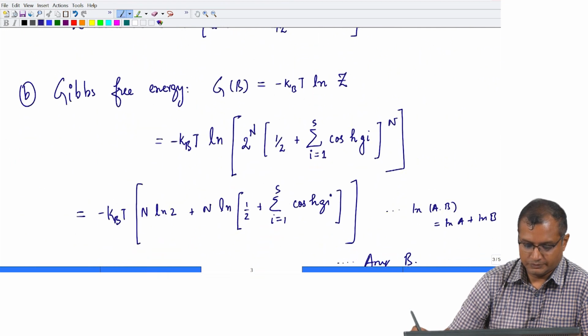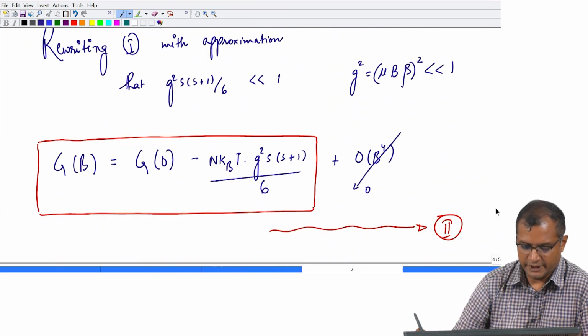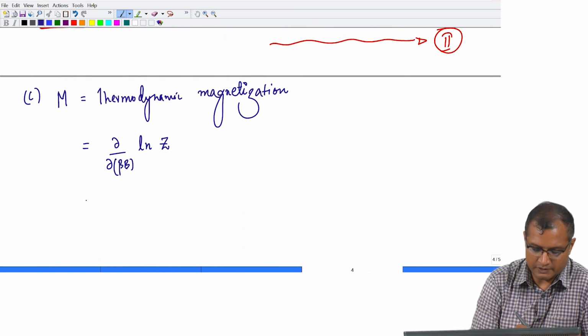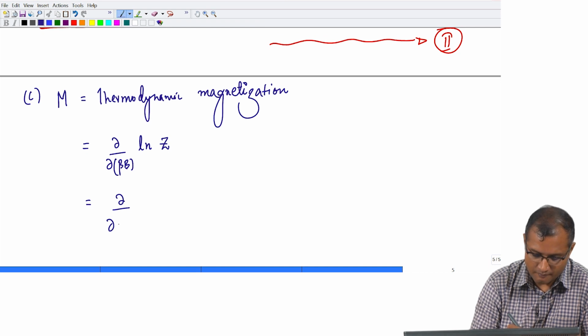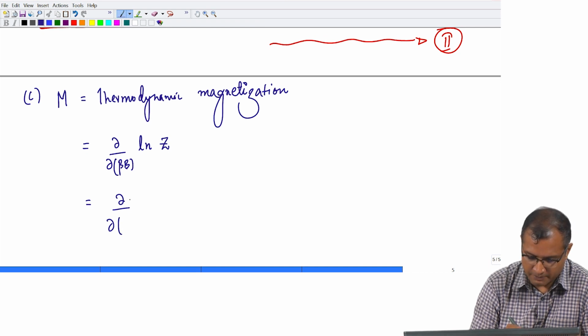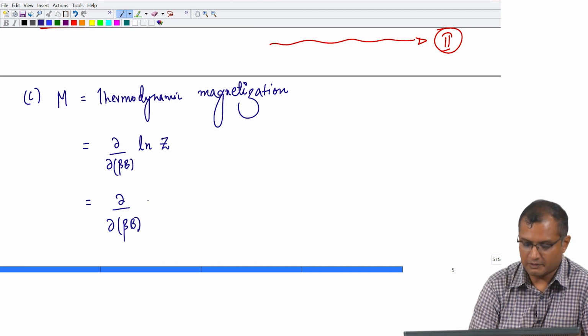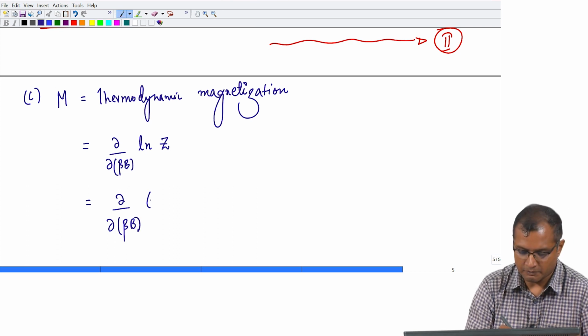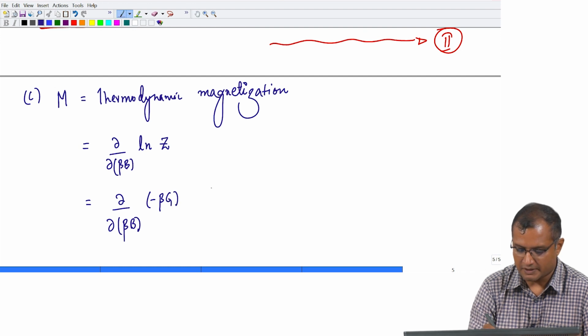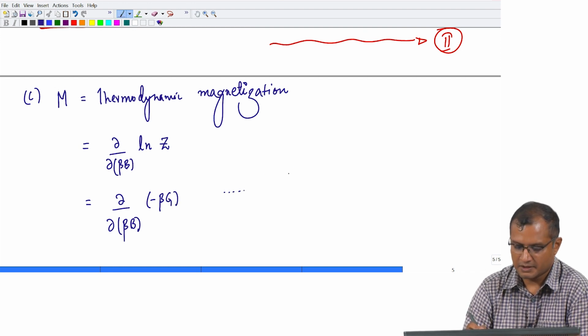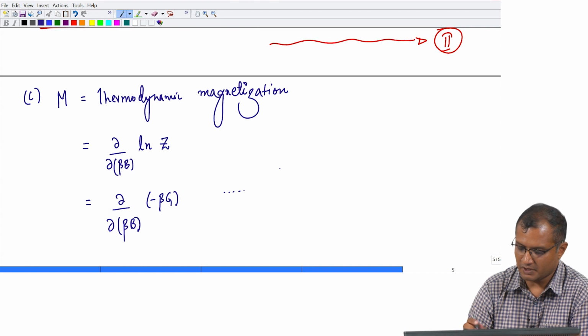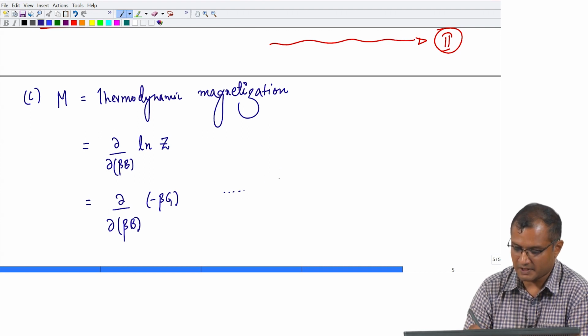So, it can be very easily computed. I know that my logarithm of the partition function is already related to the Gibbs free energy. So, this is already equal to minus beta into the Gibbs free energy because of that bridge between the microscopic world and the macroscopic observations.